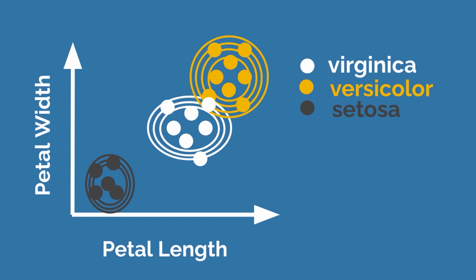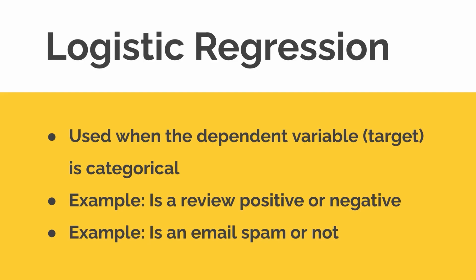And then we plot each flower sample on a graph using their petal width versus their petal length. And then if two flowers are close to each other on that graph, then it's considered that those two flowers are likely the same species. So this is just one practical example of a classification algorithm.